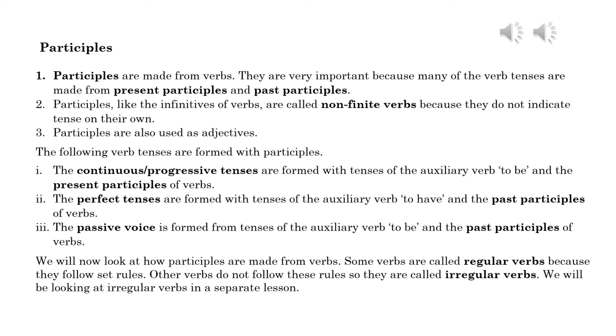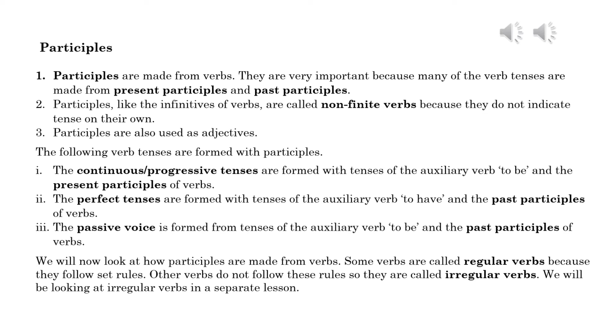The perfect tenses are formed with tenses of the auxiliary verb to have and the past participles of verbs. 3. The passive voice is formed from tenses of the auxiliary verb to be and the past participles of verbs.